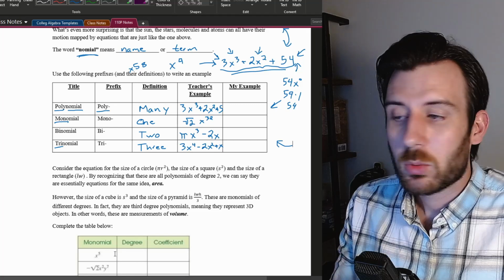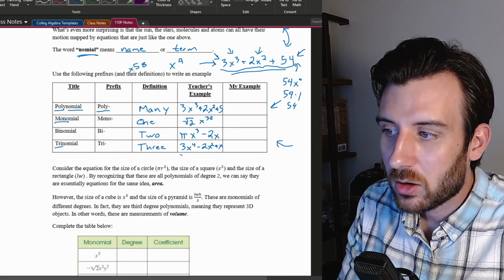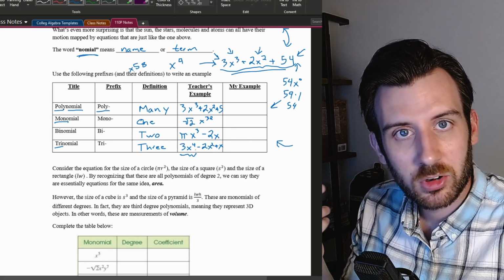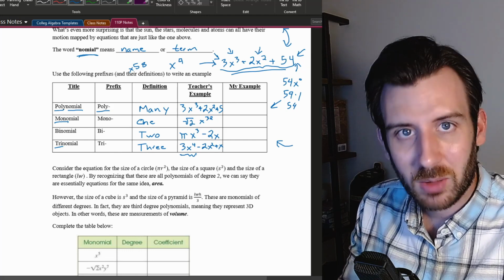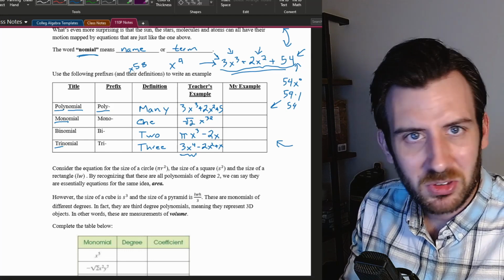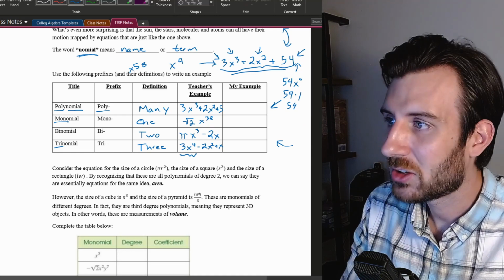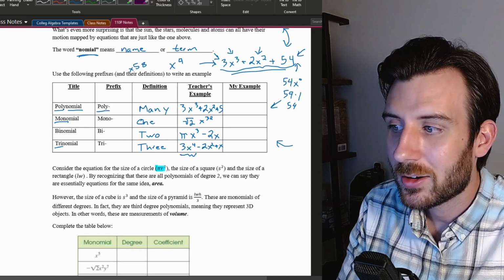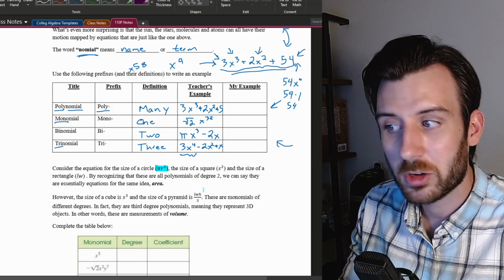So, why is it that we would want to describe all of these things differently? Well, depending on how we are writing these shapes, they allow us, just like in our number example on the first page, to choose what can be combined and what can't. It also helps us to categorize in our mind what kind of shapes these might be that we're creating just from playing around. So let's look at a few examples. If I gave you, for example, the area of a circle. The area of a circle is pi r squared. You maybe have been asked to memorize this in an earlier math class.